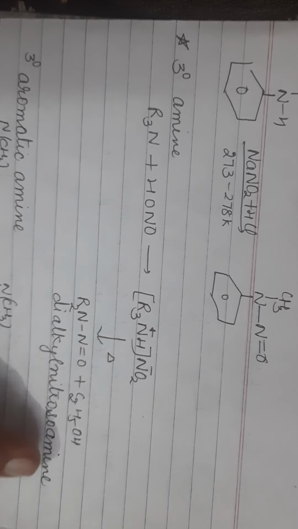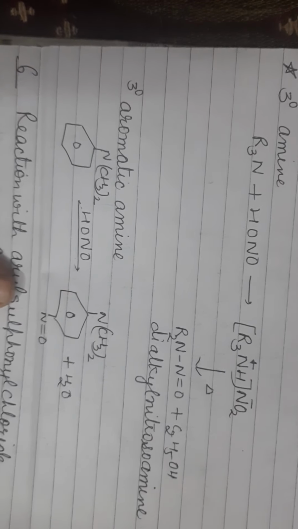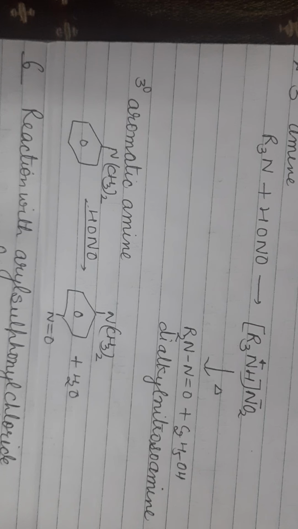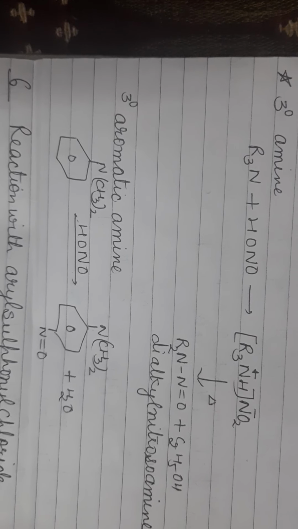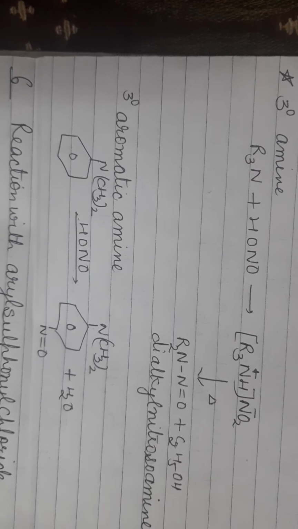Here, tertiary aromatic amines react with nitrous acid, and we get para nitroso tertiary amine. See, when tertiary aliphatic amines react with nitrous acid, they first give a salt and then give dialkyl nitrosoamine, and one alkyl group is released as an alcohol.